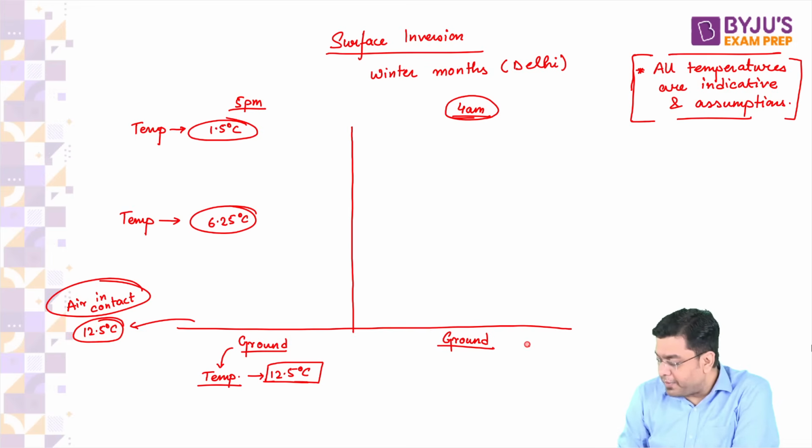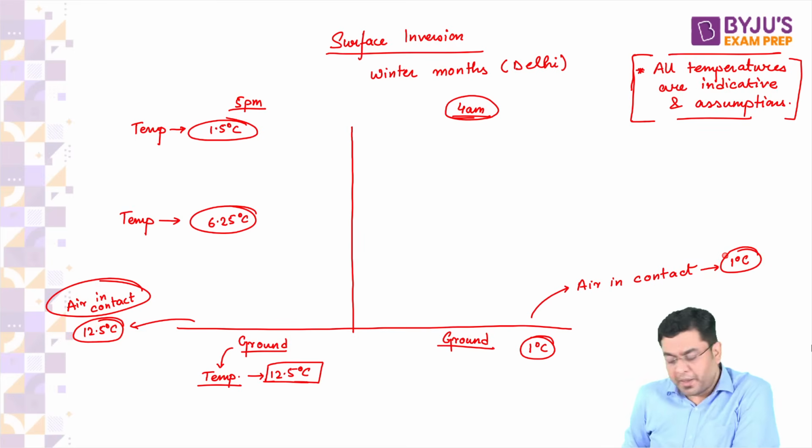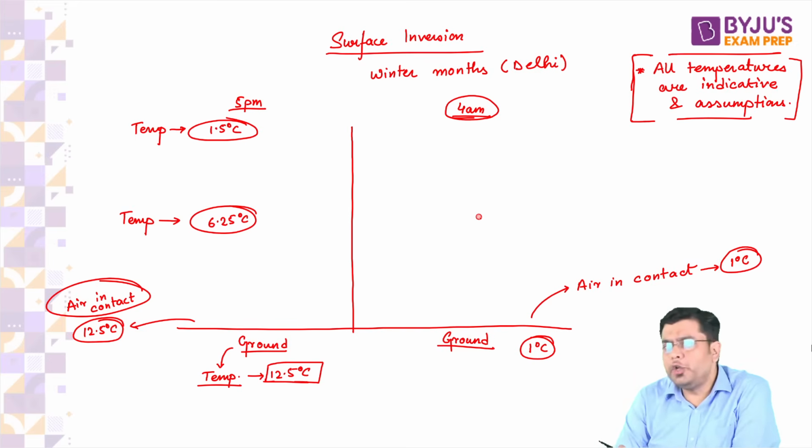So here, let's assume the temperature is 1 degree Celsius. So the air in contact will be how much? 1 degree Celsius. Perfect.